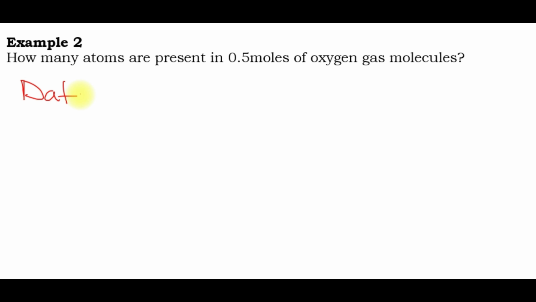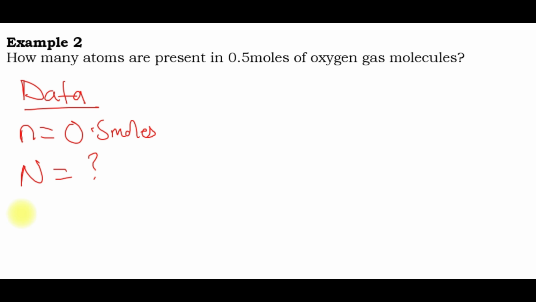What's our data? What information do we have and what information is missing? Number of moles, 0.5 moles. Number of particles, unknown. The Avogadro's number, we have 6.02 by 10 to the power 23.